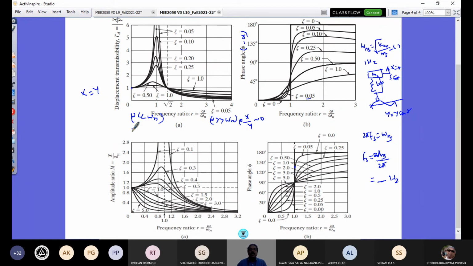The 2 points to be remembered here: you have x by y equals 1 when this value is very small compared to this, and x by y equals 0 when you have higher excitation frequency. And this is the requirement of the road. That is why asphalt roads on highways are high-frequency exciting roads.